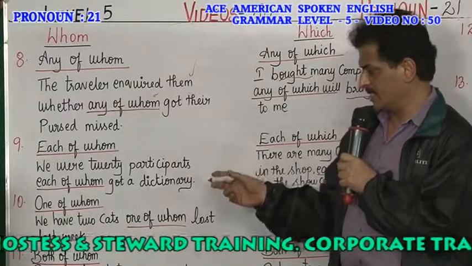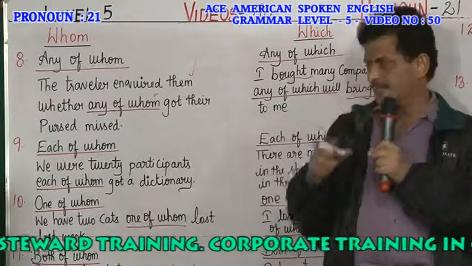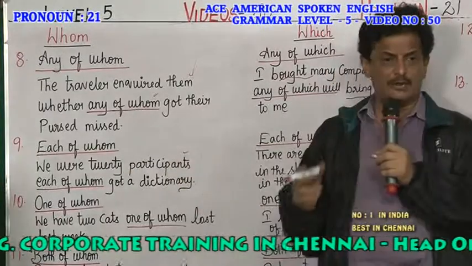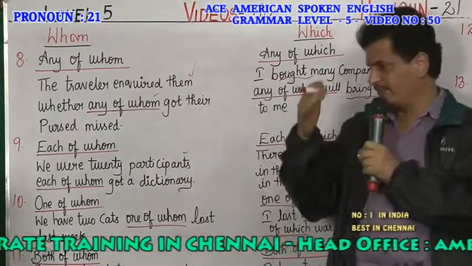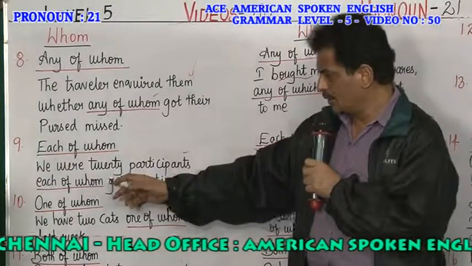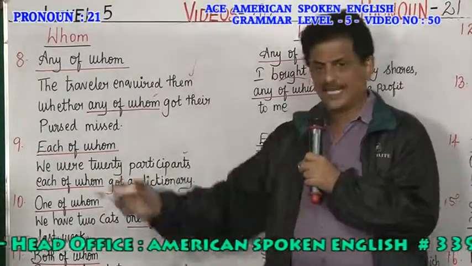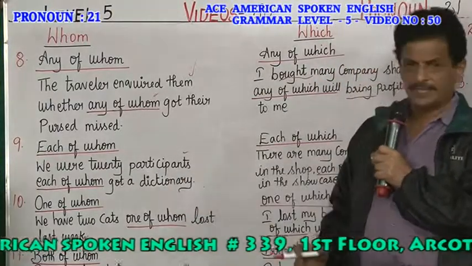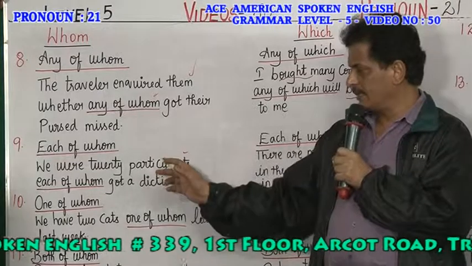The organizers were giving it to us. So each of whom means, out of the participants, each and everybody was given a dictionary. This whom stands for the participants, and each means each one of them.